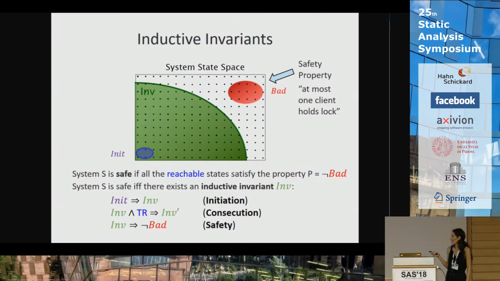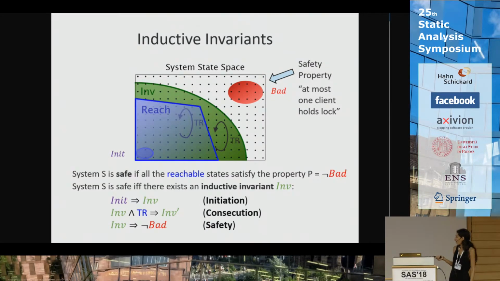It has to include the initial states. It has to satisfy consecution, which means that it is preserved by the transitions of the system. So if we make a transition starting from a state that satisfies the invariant, then we have to go to a state that satisfies the invariant. We cannot have a transition from a state that satisfies the invariant to a state that violates it.